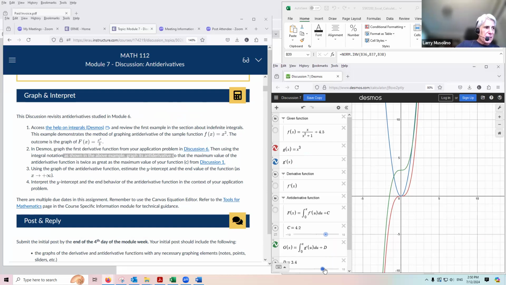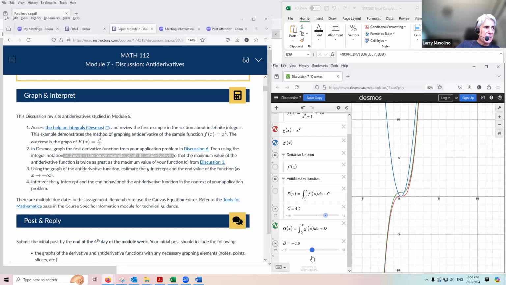Now, I created the slider down here for d. Let me make d be 0. If d is 0, where is 0? There is 0. If d is 0, then the green and the red graphs are sitting on top of each other. Let me make d a little different than 0 so you could see it.